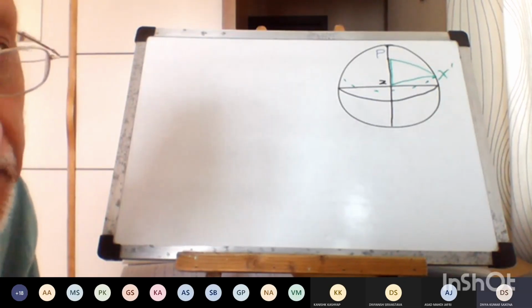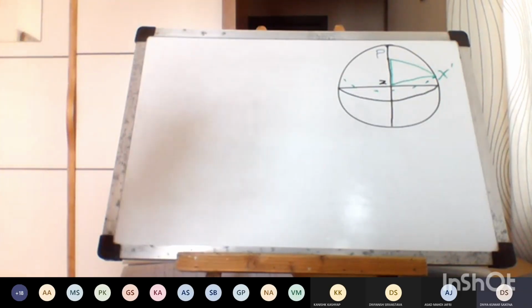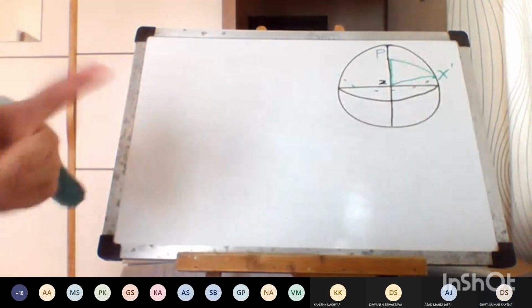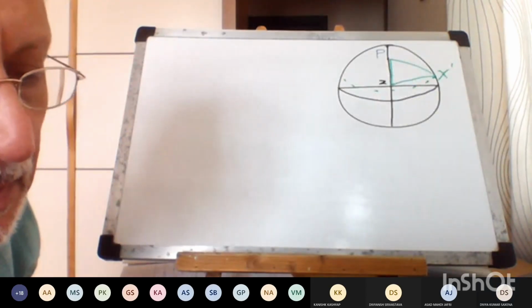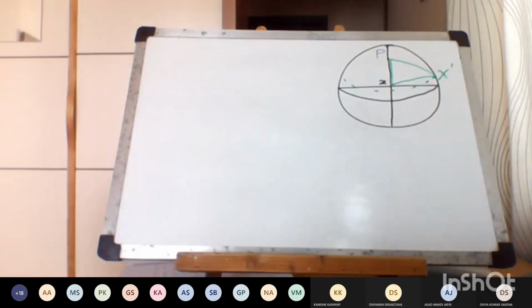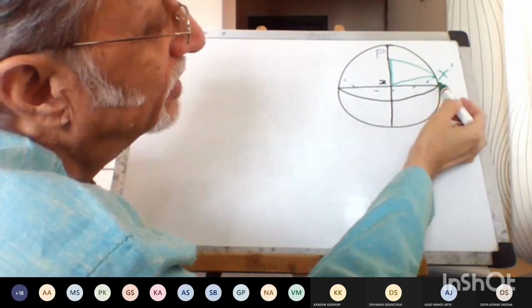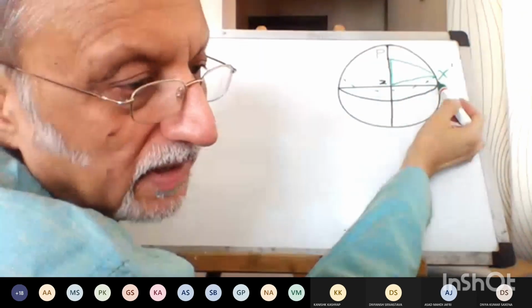Because the body has some declination, very good. So if the body is above the equinoctial, then PX cannot be 90. If the body would have been on the equinoctial, 0 declination, if this body would have risen here, then PX dash would have been 90.